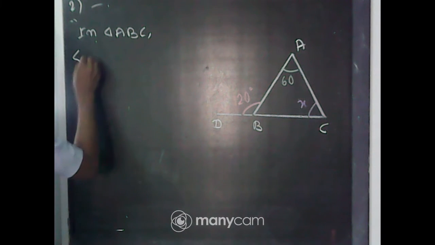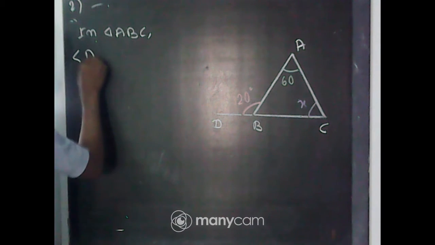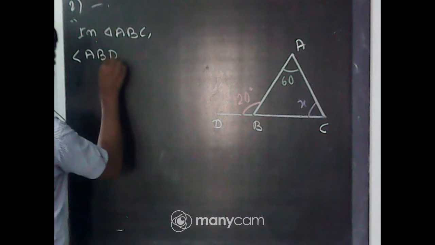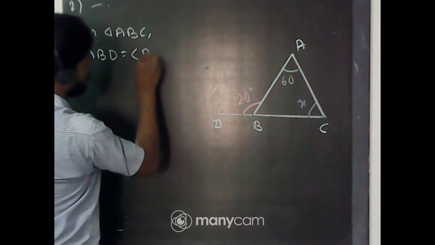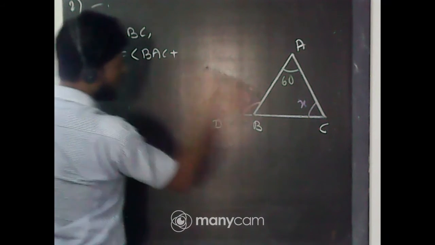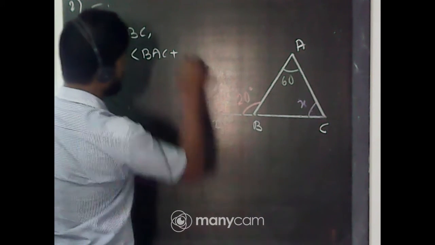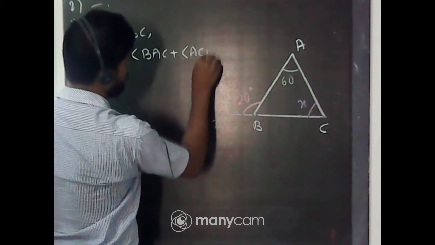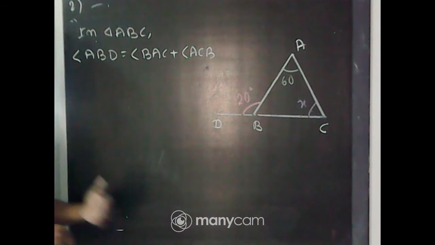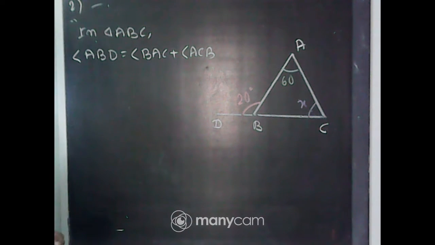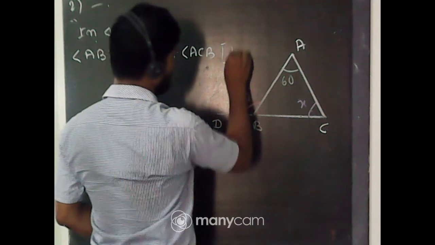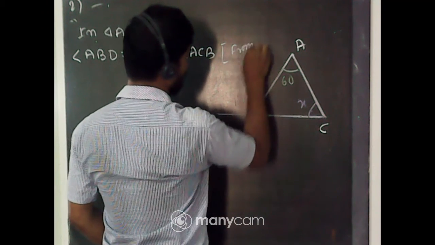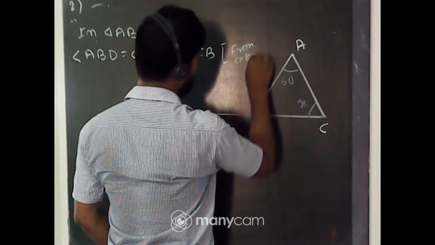We have the exterior angle ABD equal to these angles, BAC plus ACB. Within the bracket we have to mention why we have written this: from exterior angle property.